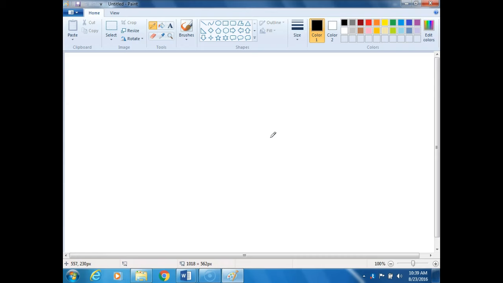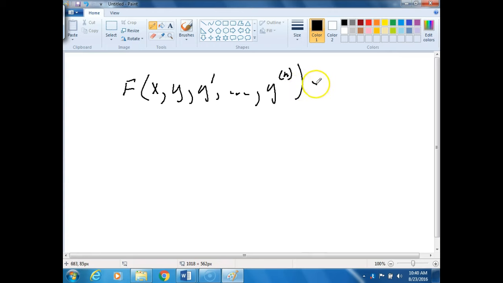In symbols, we can express an nth order ordinary differential equation in one dependent variable, say your y, such as this: F of x, your independent variable, y, your dependent variable, y prime, the first derivative of that, and then go up as far as you want to y to the nth, the nth order derivative, is equal to 0.